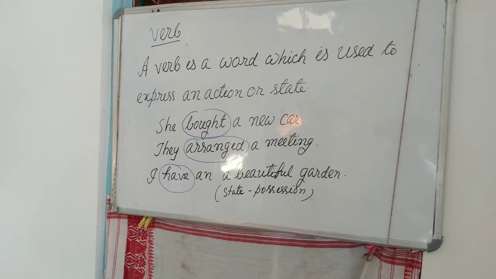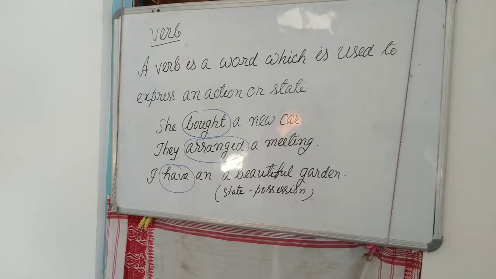We describe something. All these functions are carried by the verb. So verb is the key word for any sentence. Without a verb, we cannot express our feeling, we cannot express any idea. So a verb is a word which is used to express an action and also a state.